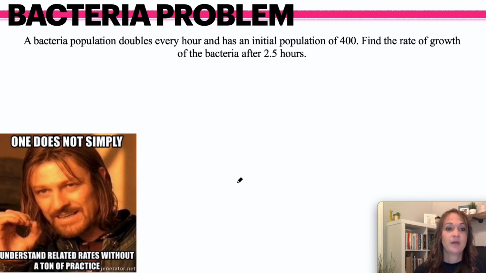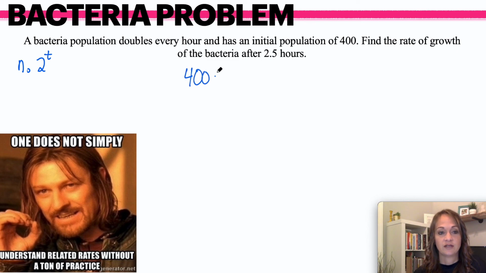A bacteria population doubles every hour and has an initial population of 400. Well, we learned from a few moments ago that this represents the function of a bacteria population doubling every hour. We know that the initial population is 400, so we'll get 400 times 2 to the t, and we want to know the rate of growth after 2.5 hours.